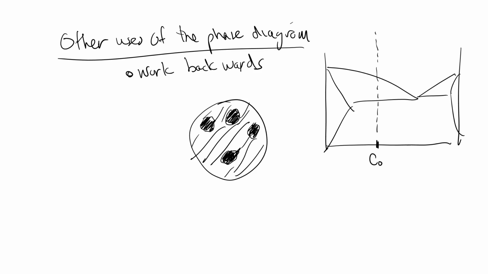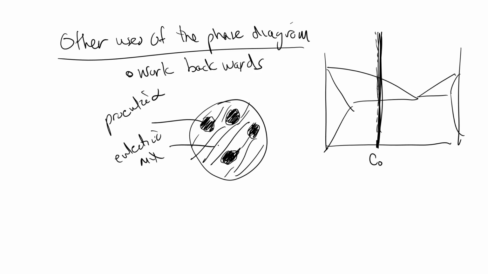Well, then we could go to the phase diagram and say, where would we have to be? Well, right here, where I drew this line before, that would be about 50-50 proeutectic alpha and eutectic mix.